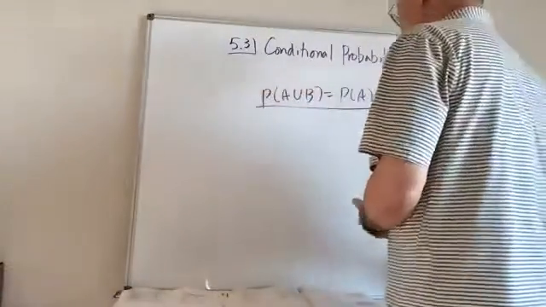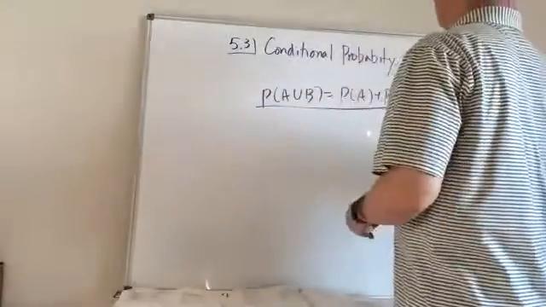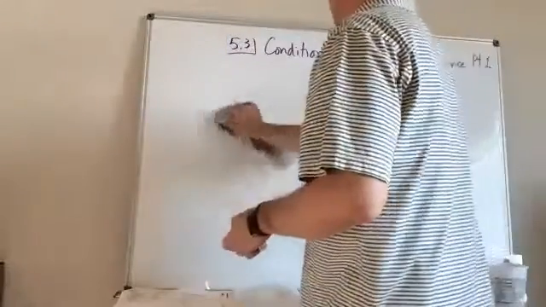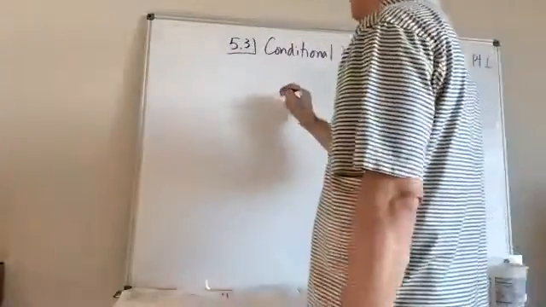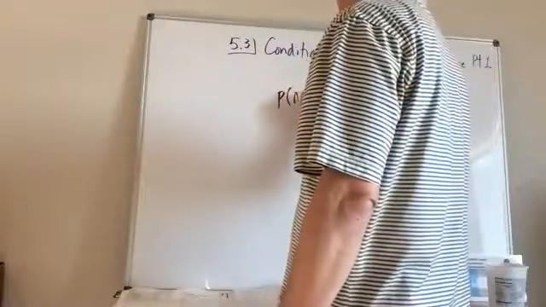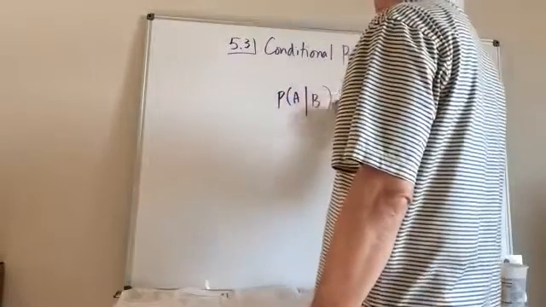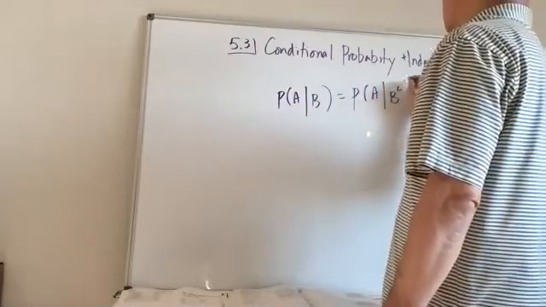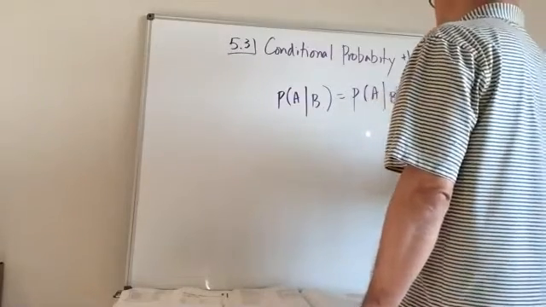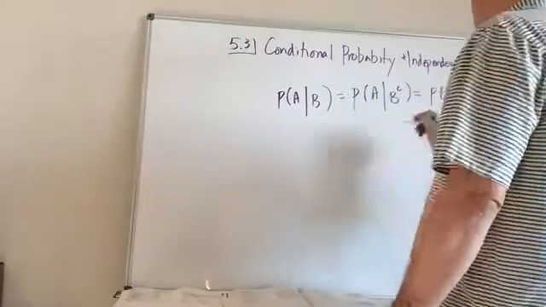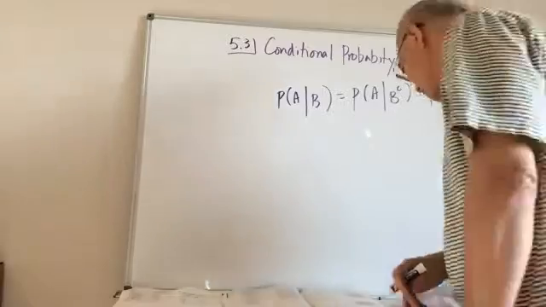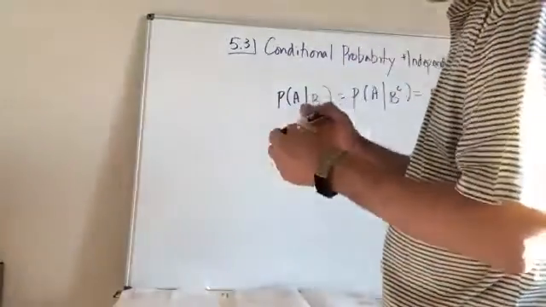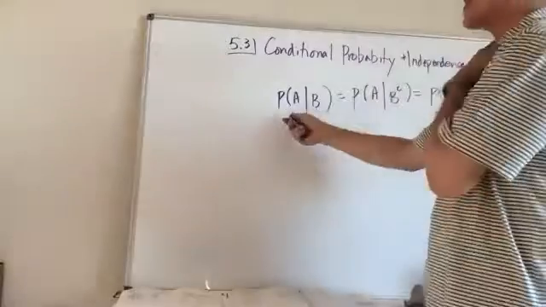In other words, events A and B are independent if P of A given B equals P of A given B complement equals P of A. Alternatively, events A and B are independent if P of B given A equals P of B given A complement equals P of B. Okay, thank you, Braden.